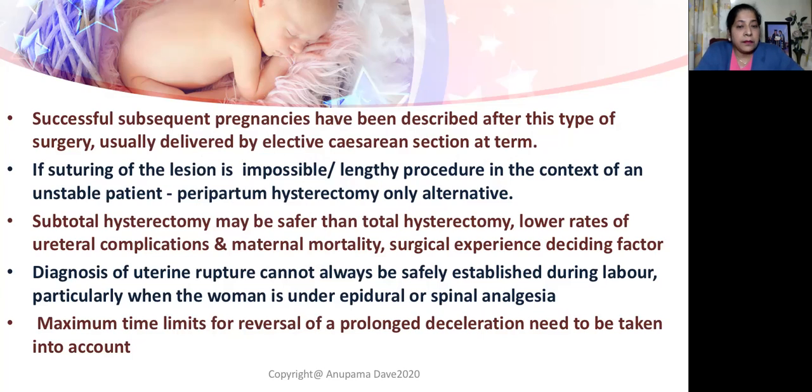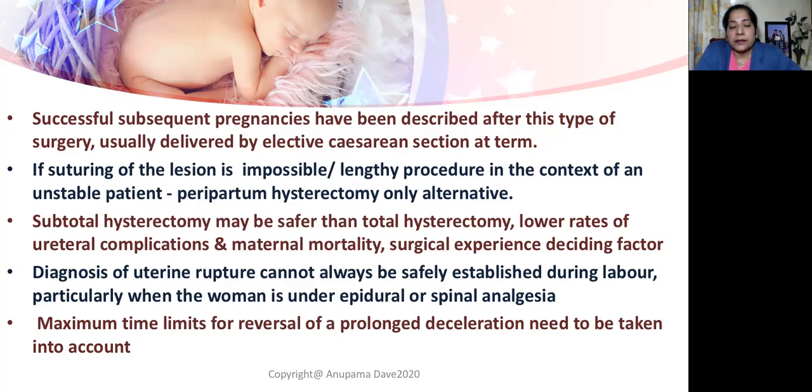Subtotal hysterectomy may be safer than a total hysterectomy with lower rates of ureteric complications and maternal mortality, and surgical experience is the only deciding factor whether to do a subtotal or a total.